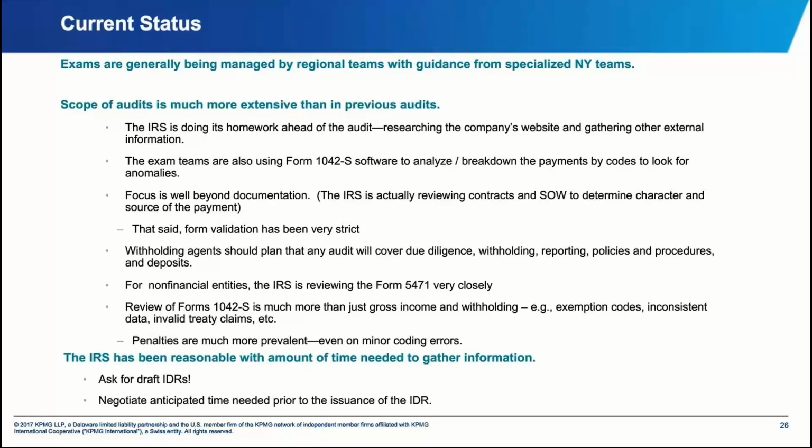But there's a special code for that, for hybrids claiming treaty benefits. So if they see just a partnership and a treaty claim, they're able to use the software to see, oh, this doesn't look right, and they'll target the audits to these specific areas where they think they've identified some non-compliance.